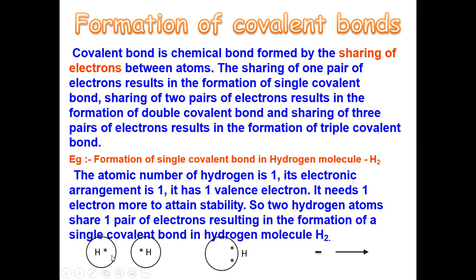This is a hydrogen atom, this one is a hydrogen atom. Both contain one electron. Now these hydrogens will share one pair of electrons. Here, sharing of one pair of electrons, that's why a single bond is there, and we can represent a single bond with the help of a single line.